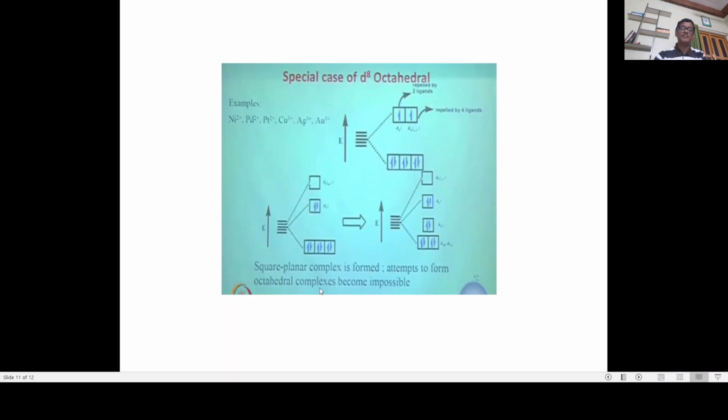The attempt to form the octahedral complex becomes impossible. D8 complexes have a special case, and this square planar complex is formed instead of a regular octahedral because of this splitting due to Jahn-Teller distortion.